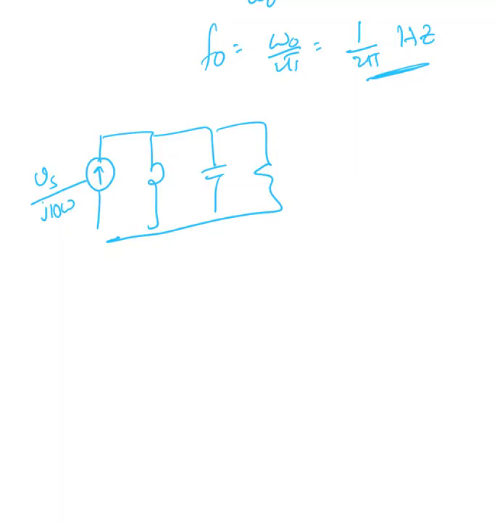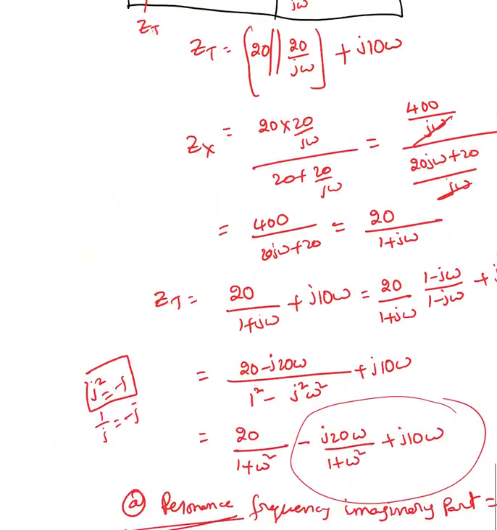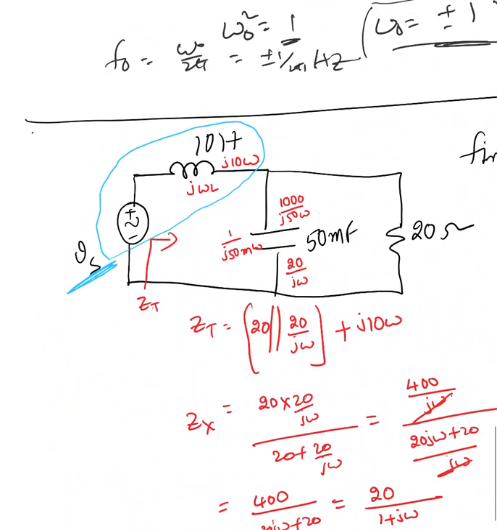Now remember, while finding your total impedance in the previous example, does the source affect you? If you look at it, I do not care what my source was. I was able to find the total impedance without including the source.